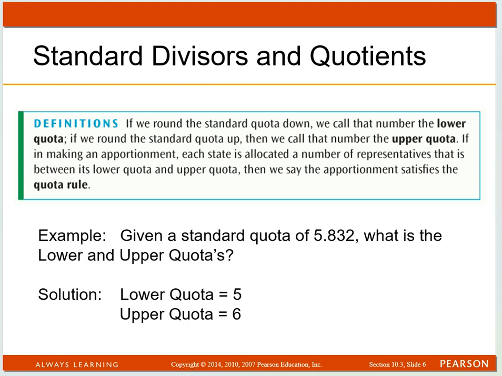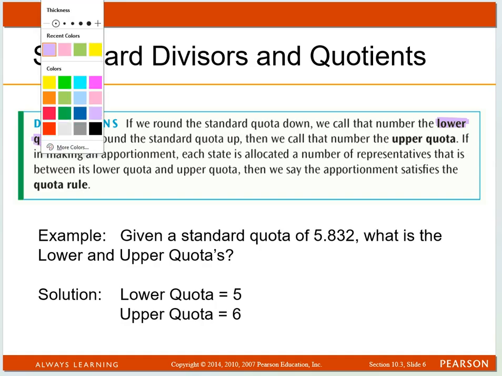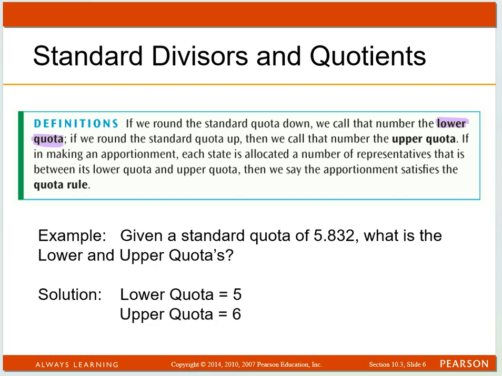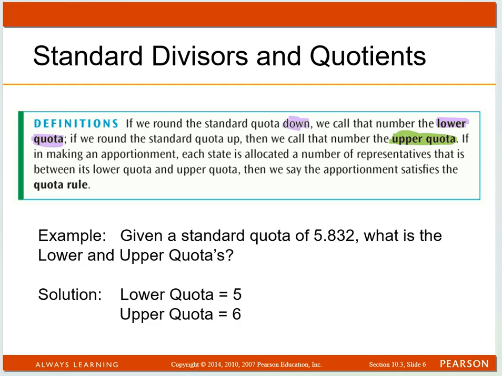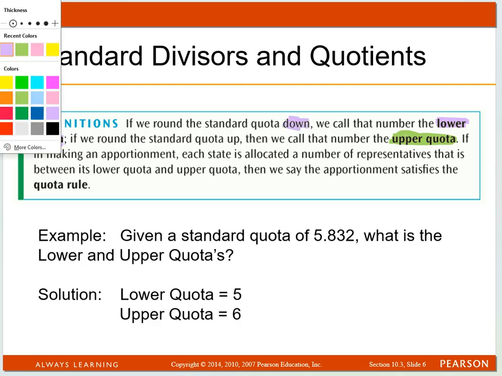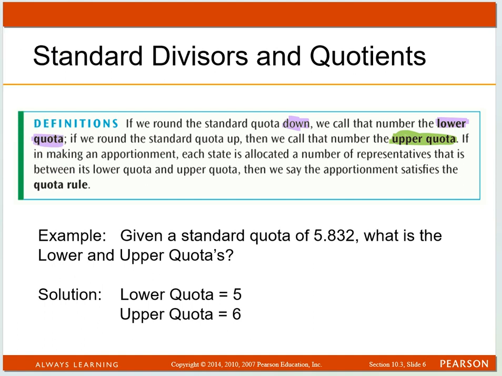Next slide. Okay. Quotas. They may refer to 2 types of quotas: the lower quota and the upper quota. If you round the standard quota down, that is what they call the lower quota. If you round the standard quota up, that's the upper quota.